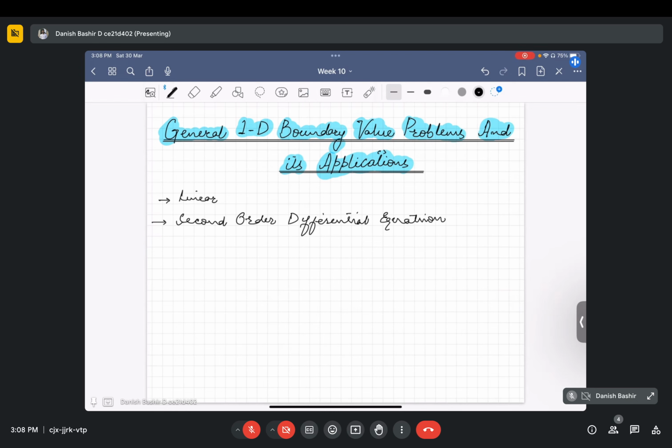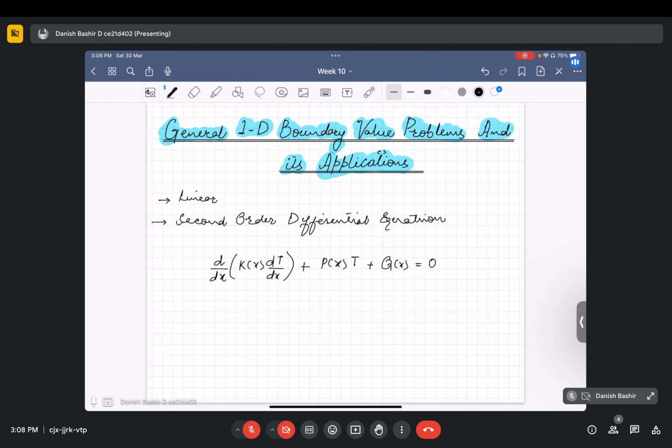Let me write a second order differential equation that is linear in nature, of the form d by dx of k of x dT by dx, plus p of x times T, plus q of x, is equal to 0.